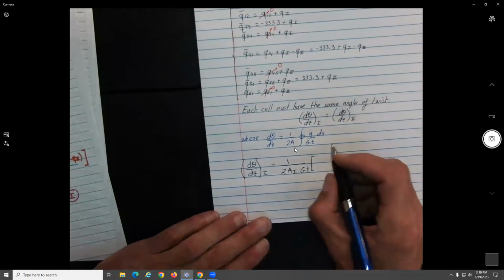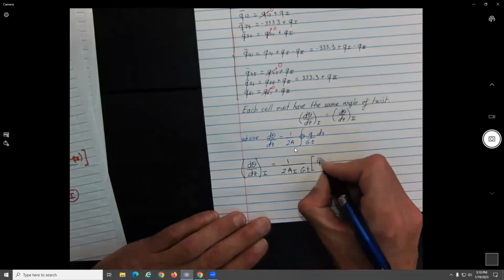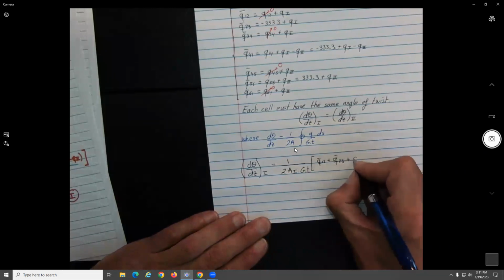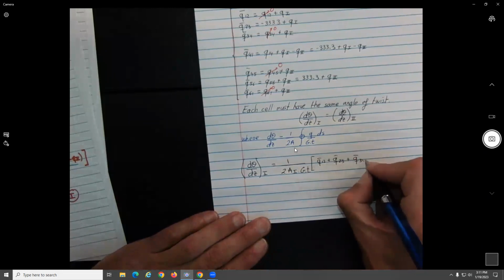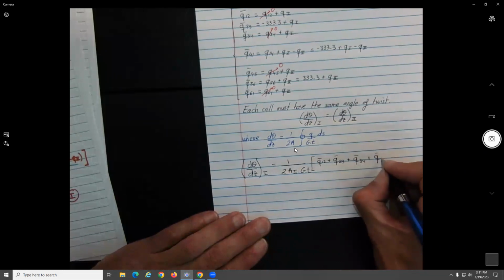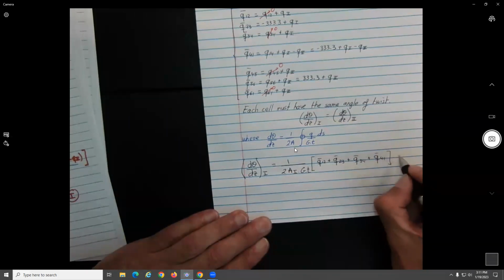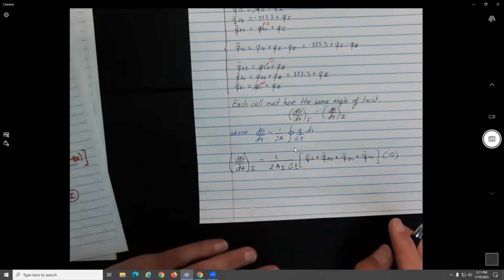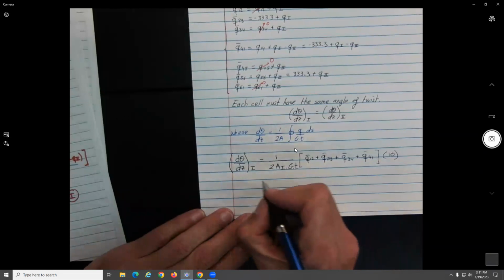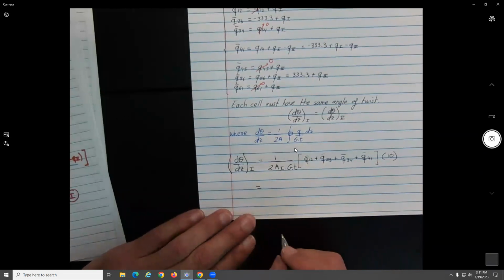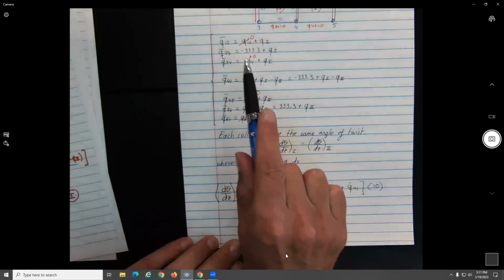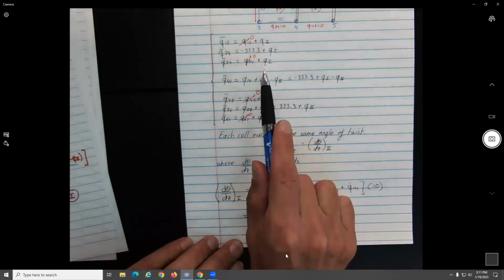If I write down the equation with this, so Q bar 1,2 plus Q bar 2,3 plus Q bar 3,4 plus Q bar 4,1 times 10 because they're all the same. What do we do next? We need to substitute this Q bar 1,2 by whatever we calculated before, no?